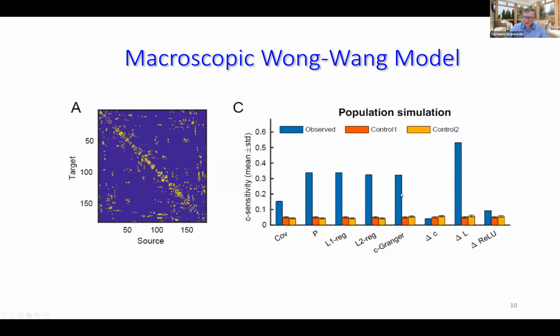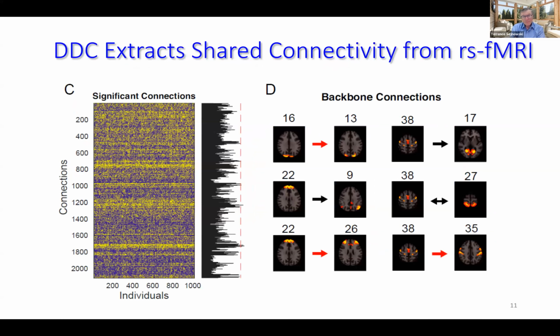Precision matrix and Granger. But in fact, our simple dynamic model is actually doing the best. So we applied it to fMRI data, and this is from the Human Genome Project, and resting state data.